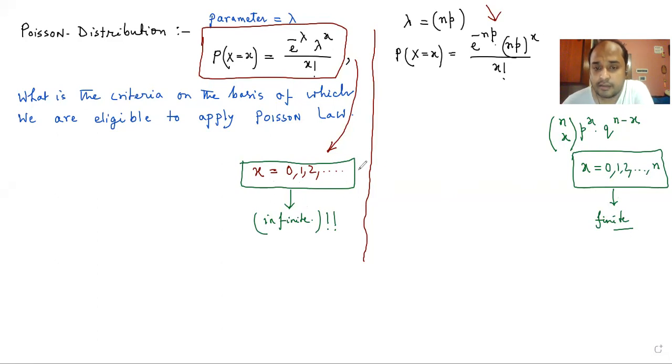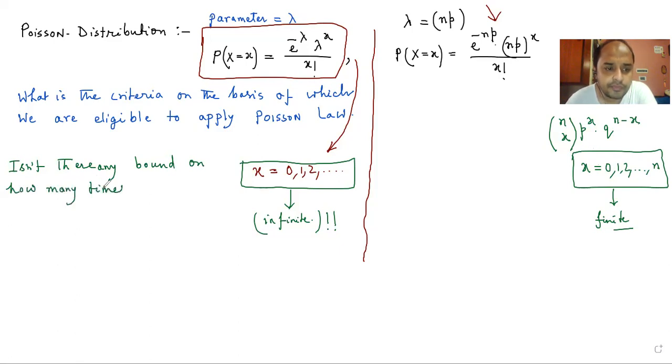That means the quantity n, the number of experiments, which bounded the limits for the binomial case, is actually missing. So the question is, isn't there any bound on how many times we must do the experiment?